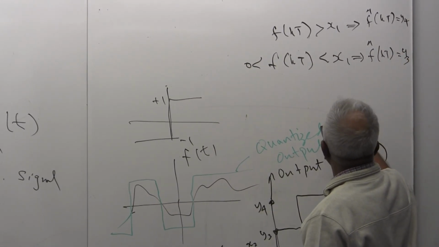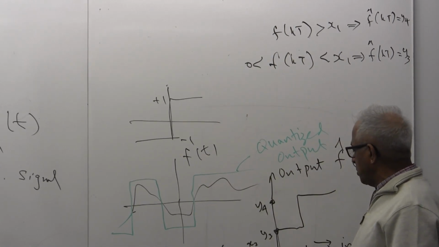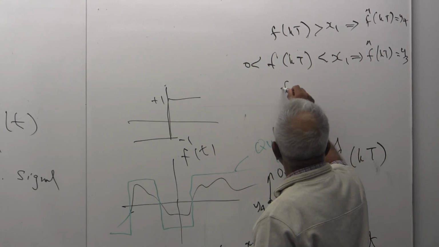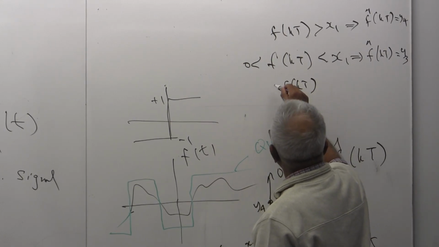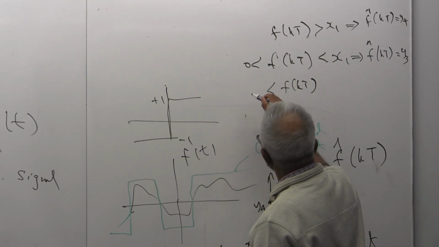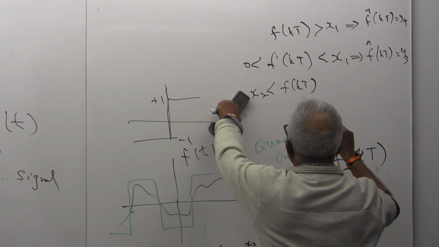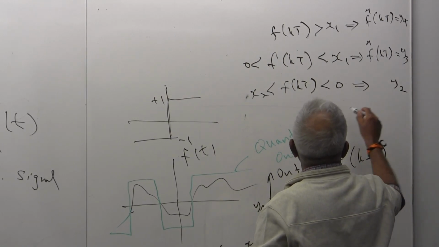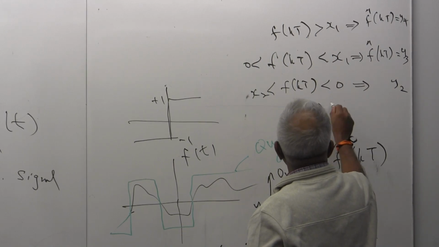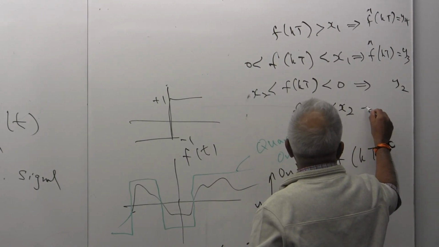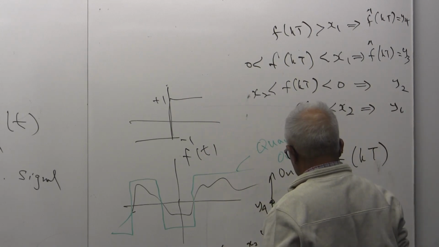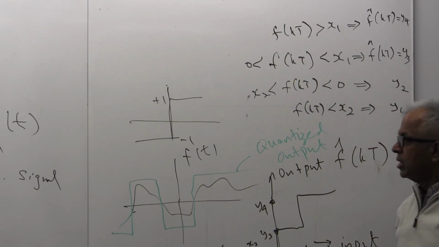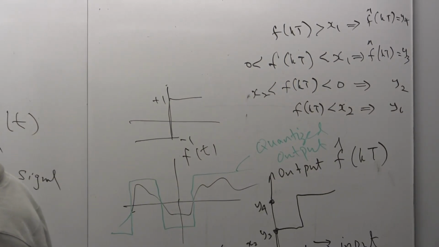And you can see if the input is between this and this, it will be y1. So x2 is of course negative, this will be y2, and if f(kT) is less than x2, then the output will be y1, right? So these are 4 levels, 4 values at the output. Look at what is happening here.